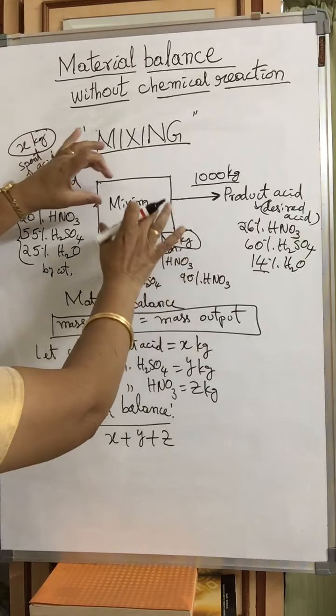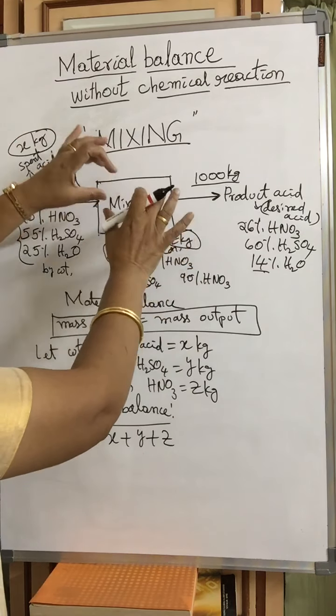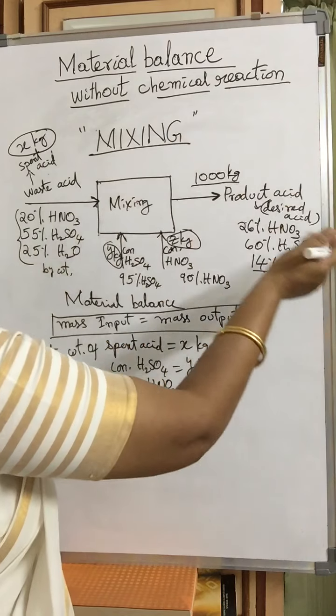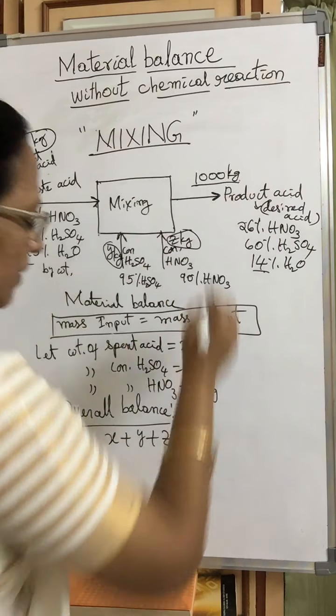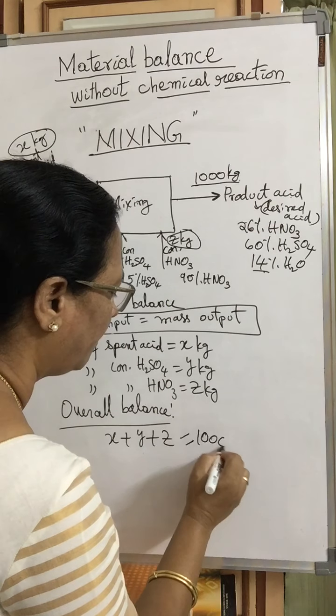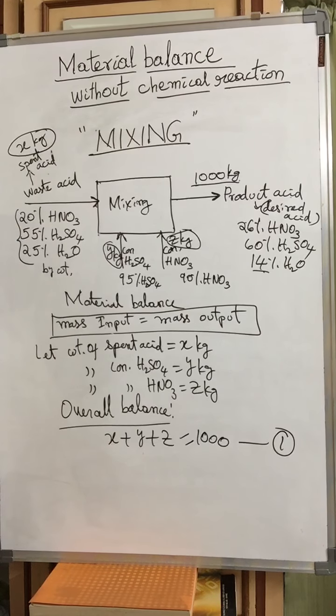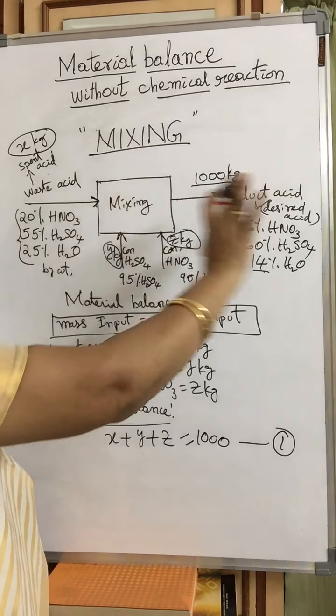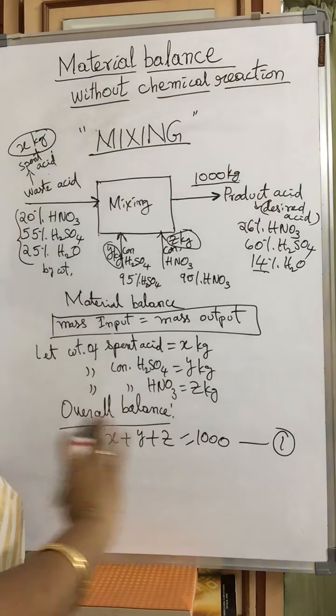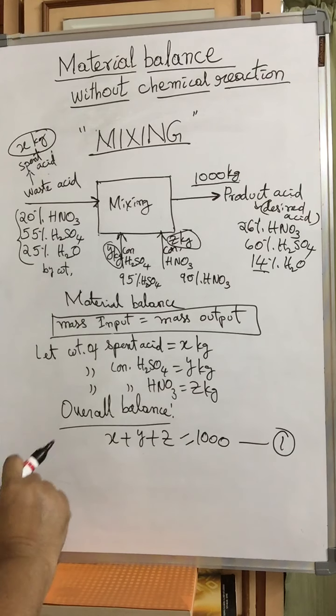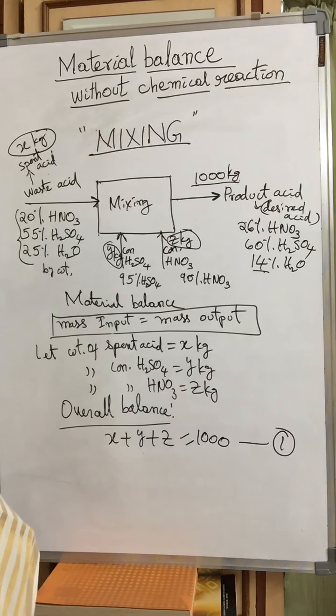The total mass input is x plus y plus z. That must be equal to the total mass coming out, that is 1000. This is equation 1. That is the overall balance. On the whole we are writing total weights, not taking each component separately.